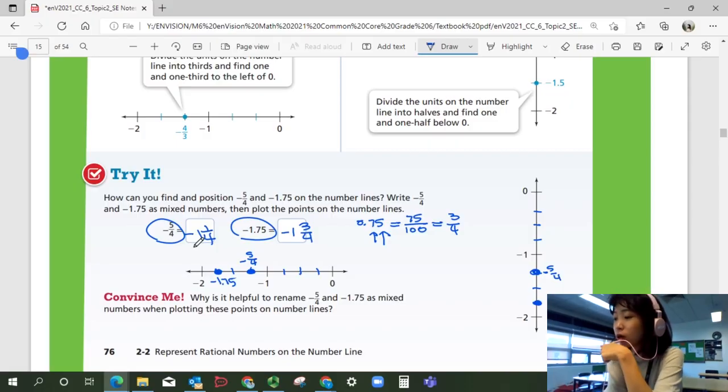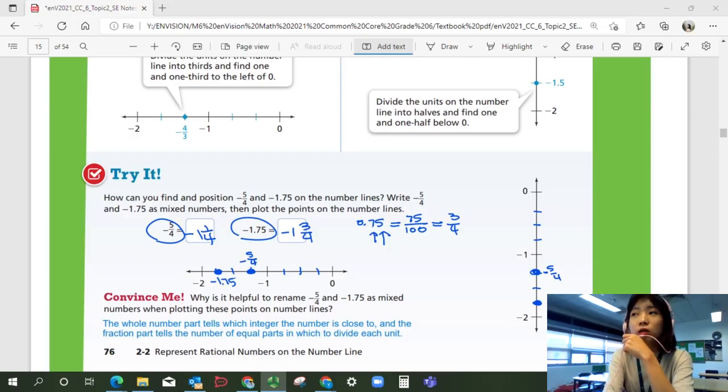Because you can count the whole number and then count the fraction separately, right? So the whole number part tells which integer the number is close to, and the fraction part tells the number of parts in which to divide each unit.